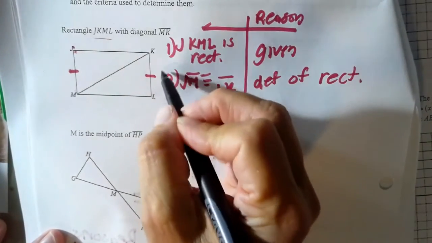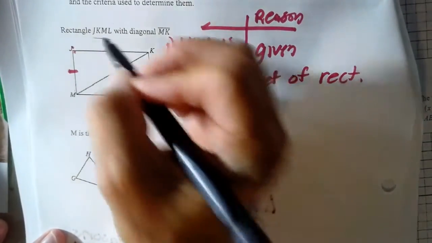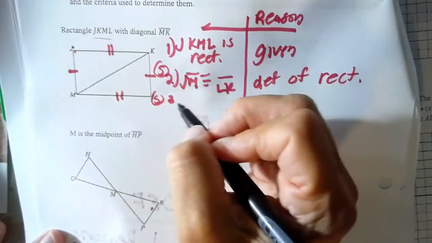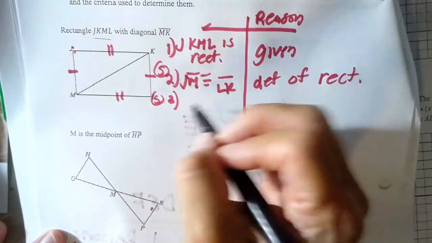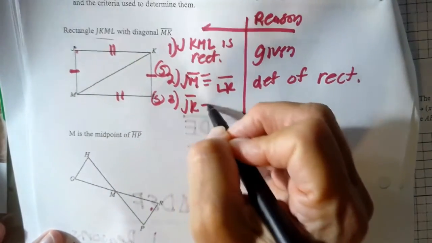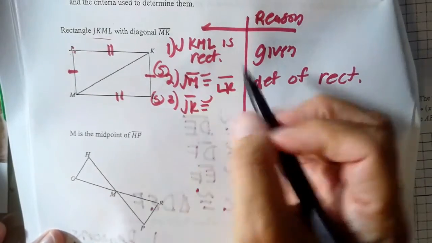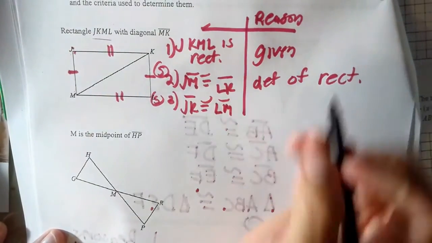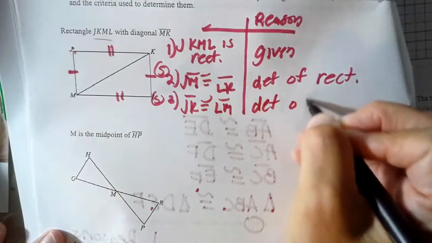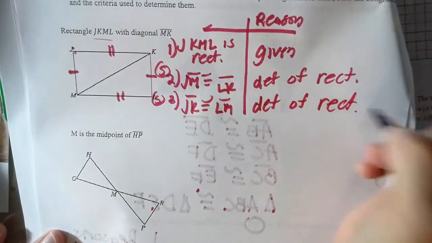There's one side. There's an S. We also know these two are congruent. Here's our step 3, that JK is congruent to LM. Also because it's a rectangle.